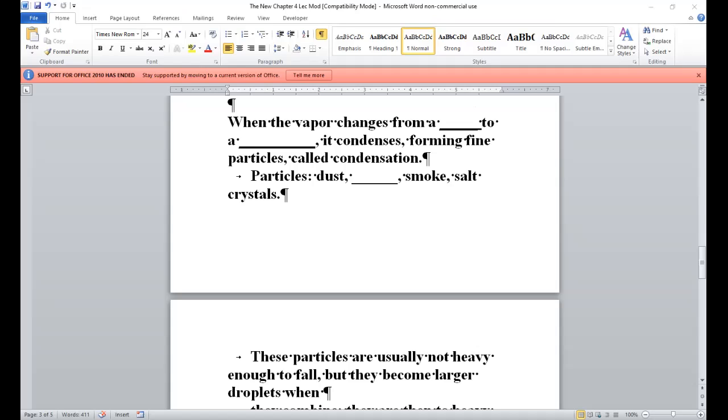So they fall as rain, and then of course when the temperatures go below freezing, they form ice crystals out of these water droplets, creating snow and so forth. And page 87, figure 4.19, gives you a nice visual as well.